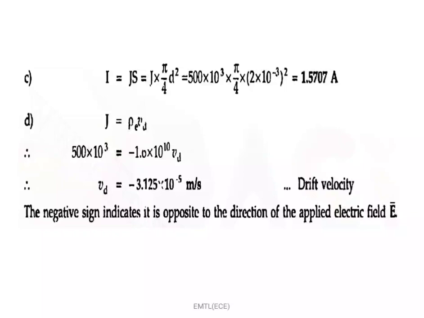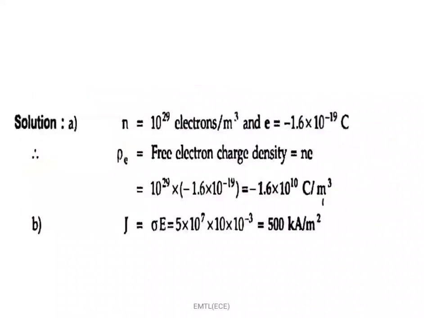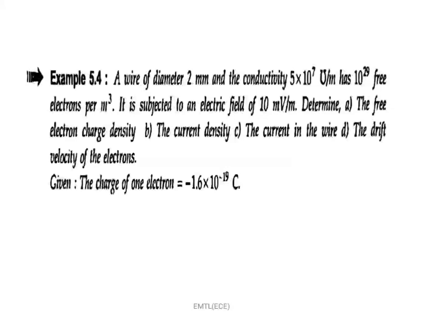That means J is equal to I by S. Now the expression for I in terms of J and area is I equal to J into S. So already in part B we found the J value, and the wire has a diameter of 2 mm.